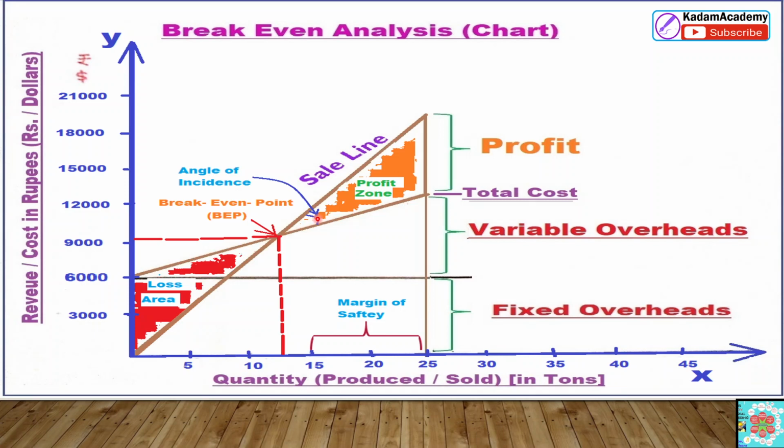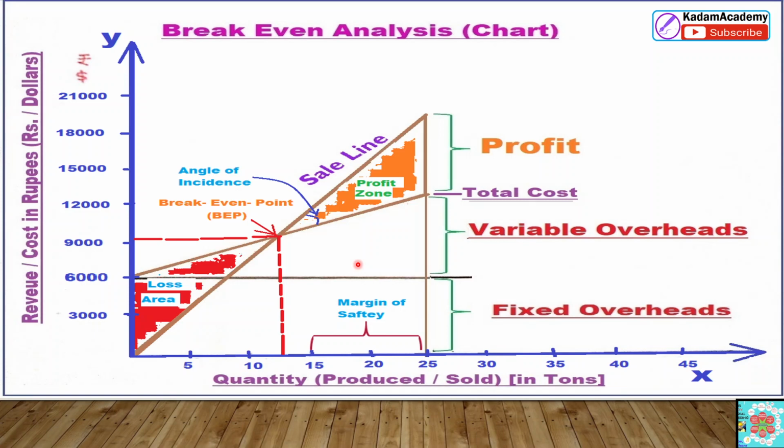If they intersect at a larger angle, then a higher rate of profit would be there. A narrow angle shows that even though fixed overhead costs are recovered, the profit shows a low rate of return. If the angle is narrow, then the profit will be less, like this. So that is the importance of the angle of incidence and the margin of safety.